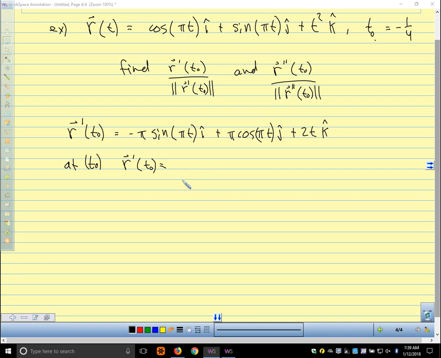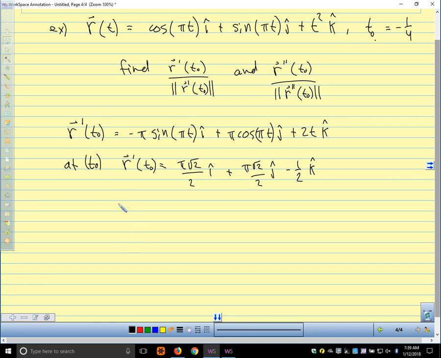So we get pi square root of 2 over 2 i hat plus pi square root of 2 over 2 j hat minus 1/2 k hat. You gotta think about it. The y component's negative at negative pi fourths. It's down in the fourth quadrant.